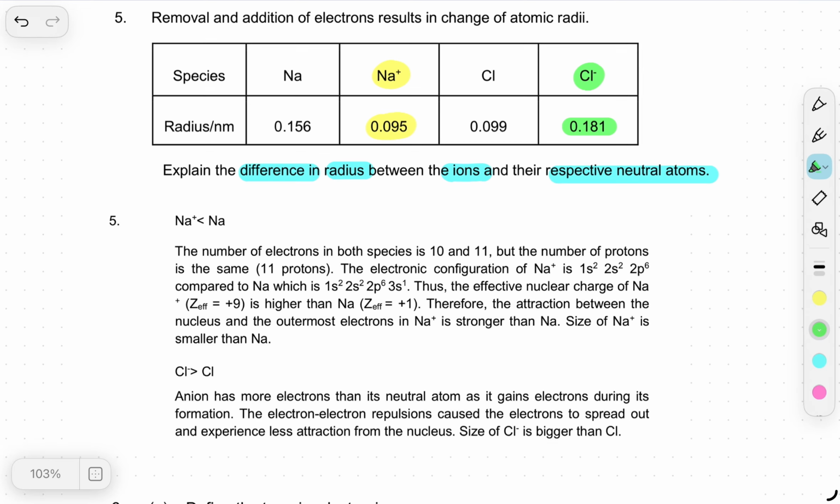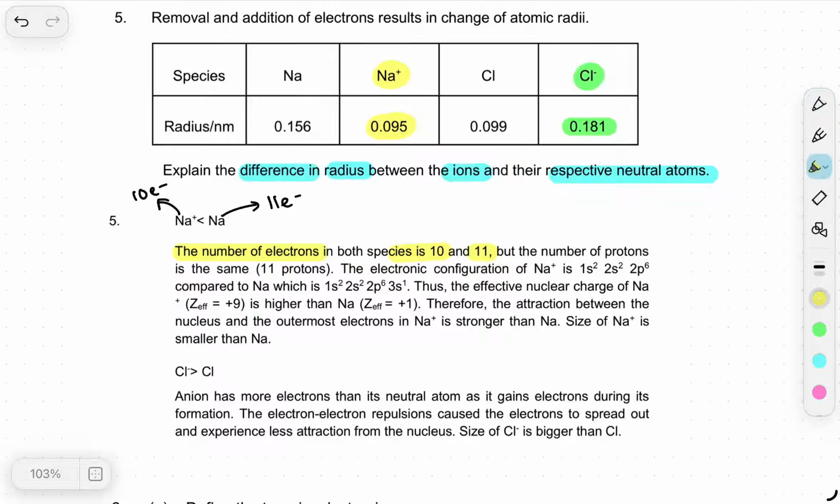So let's look at the cation and its neutral atom. Firstly, as we can see, the number of electrons in both species is 10 and 11 respectively. Since sodium has 11 protons, it has 11 electrons. Now in Na+, we have removed one electron to form the cation, therefore the number of electrons remaining would be 10.